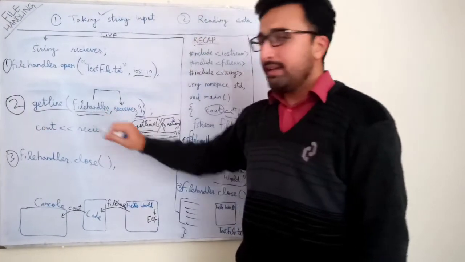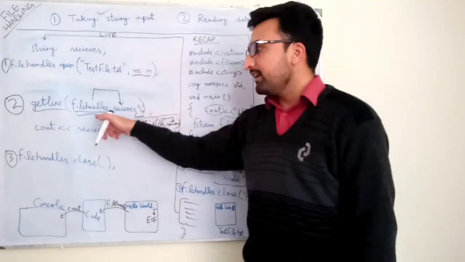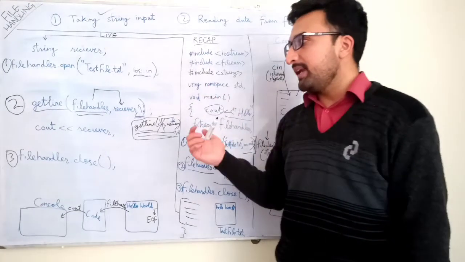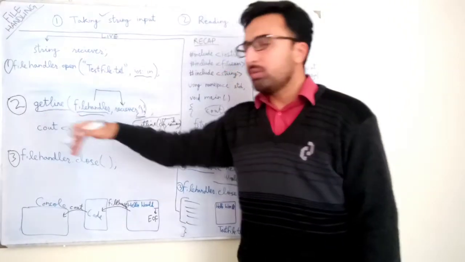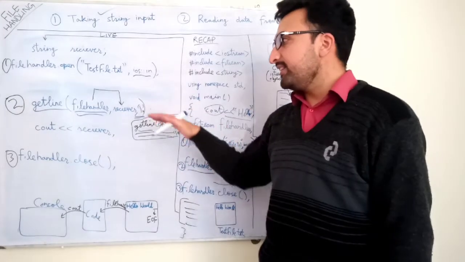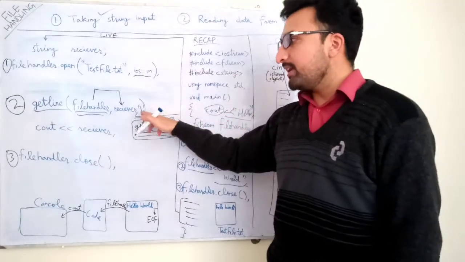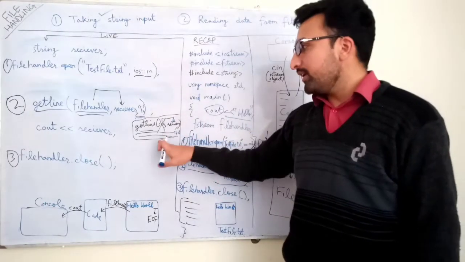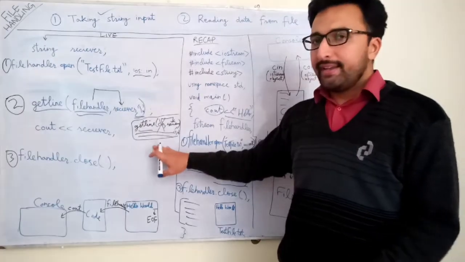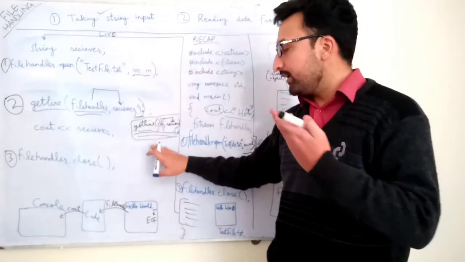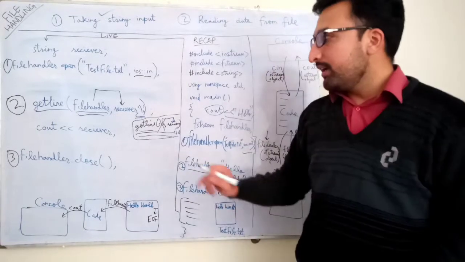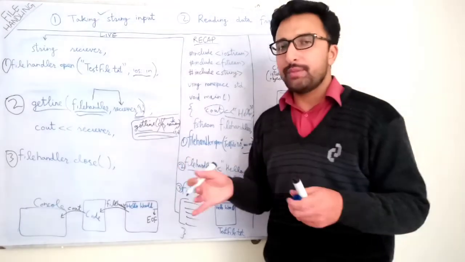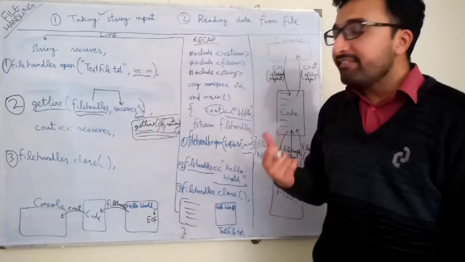Getline, when used with file stream objects for bringing in the data, reads either until the delimiter arrives or until the end of file arrives. There is no end of file when we are taking input from the console. However, in files we have an end of file.